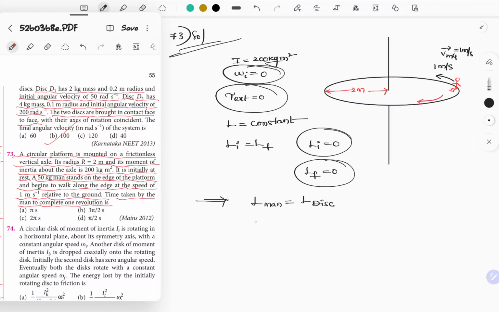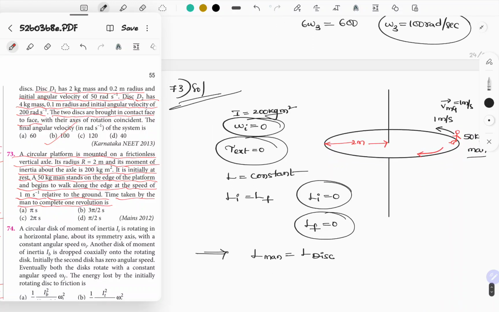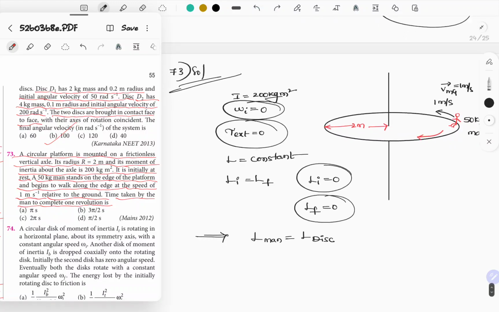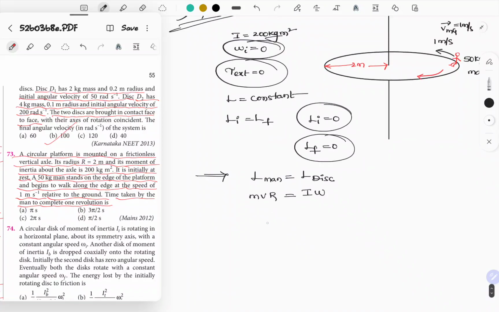What's the angular momentum of the man? It is a 50 kg man. For a point mass, angular momentum about its axis is mvr, which is equal to I omega. Let me find out omega from this given data.